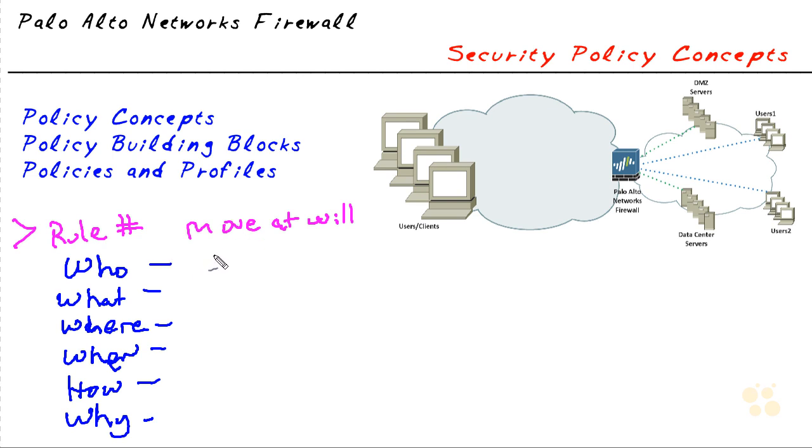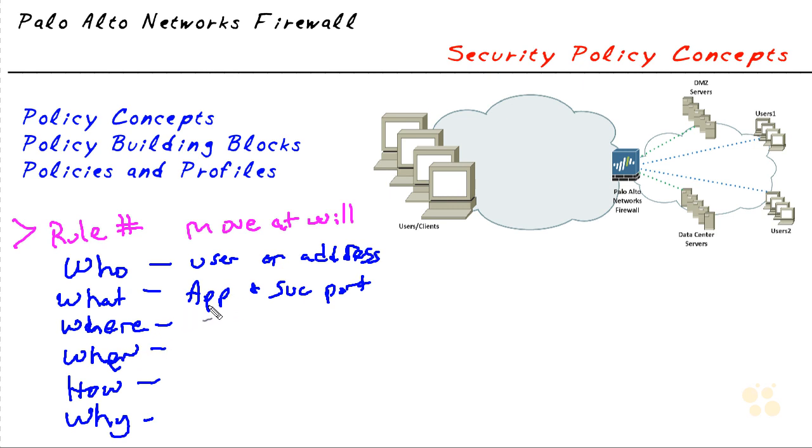Well, the who could be a user or user group or address group. The what is where we get into my app info, so we'll call this app and service, and my service port information.